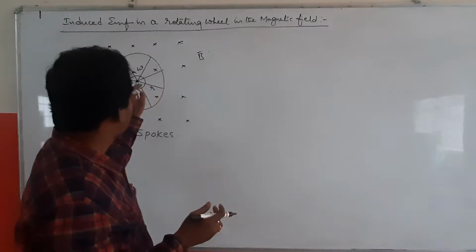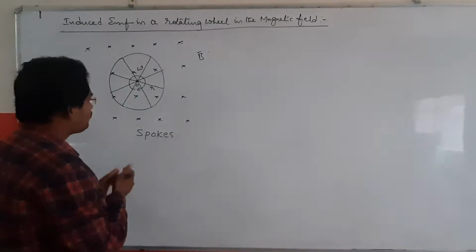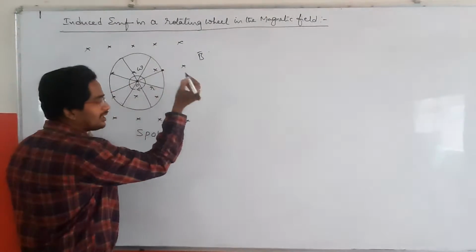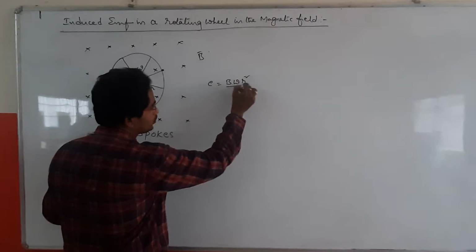Like that, for each and every spoke, the EMF induced across its ends is B omega R square by 2.